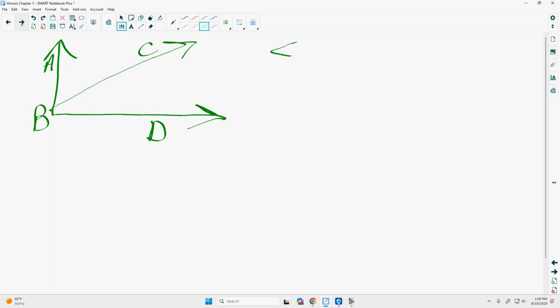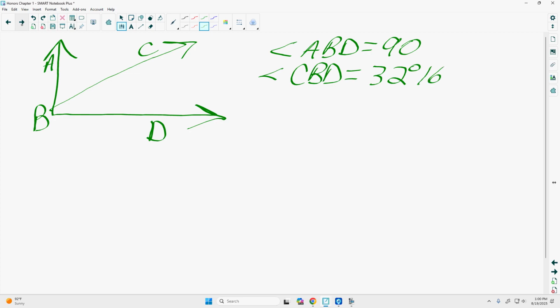Angle A, B, D is 90. Angle C, B, D is something crazy. Find angle A, B, C. Okay, so write down all of that, please.